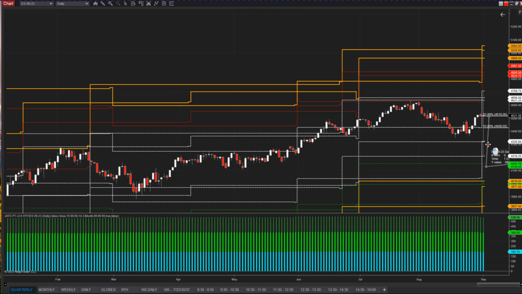So from this upward mean and out, you can see that we get to about 41.30.50. So that would be a PT2 to the upside. We can get up to 48.24.75 or 49.01.50.